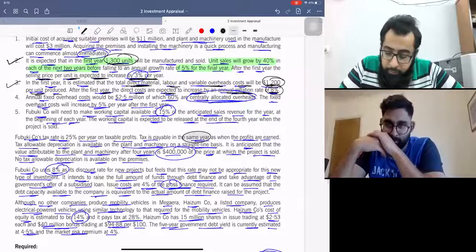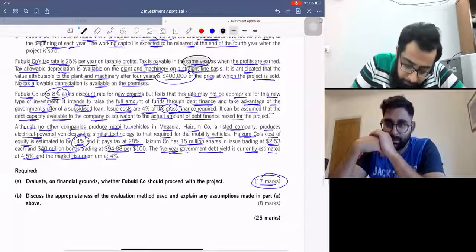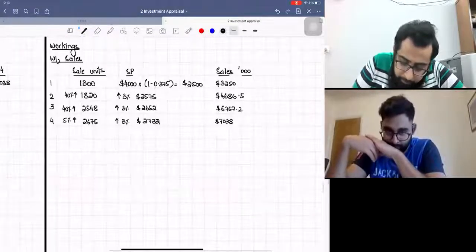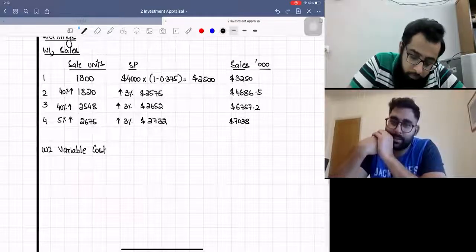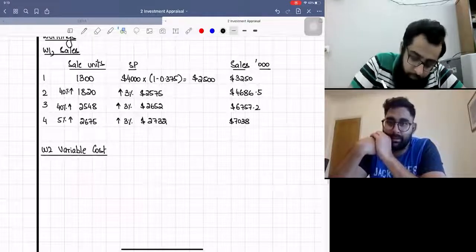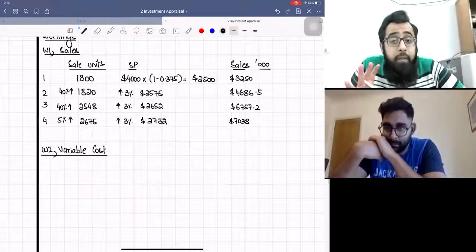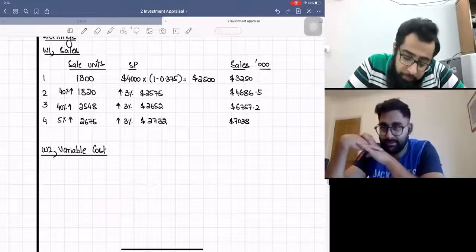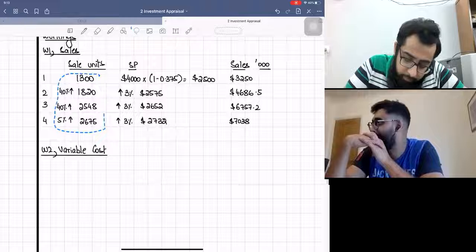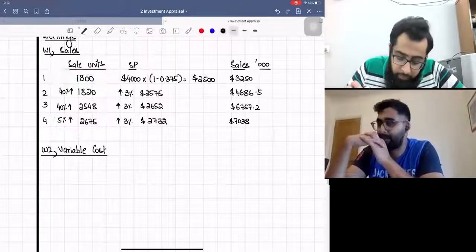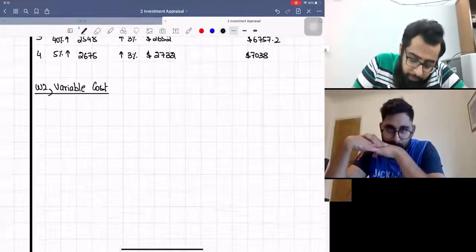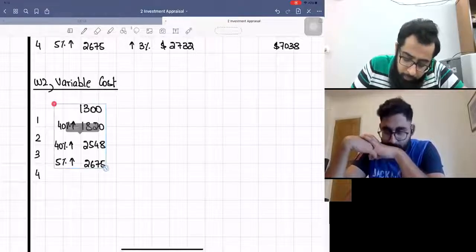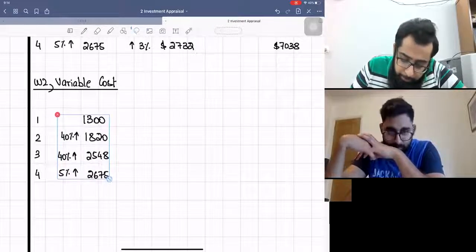So working out the variable cost, it's basically the same method as NPV, but there will be additional steps at the end. In variable cost also, the number of units will remain the same: 1, 2, 3, 4.